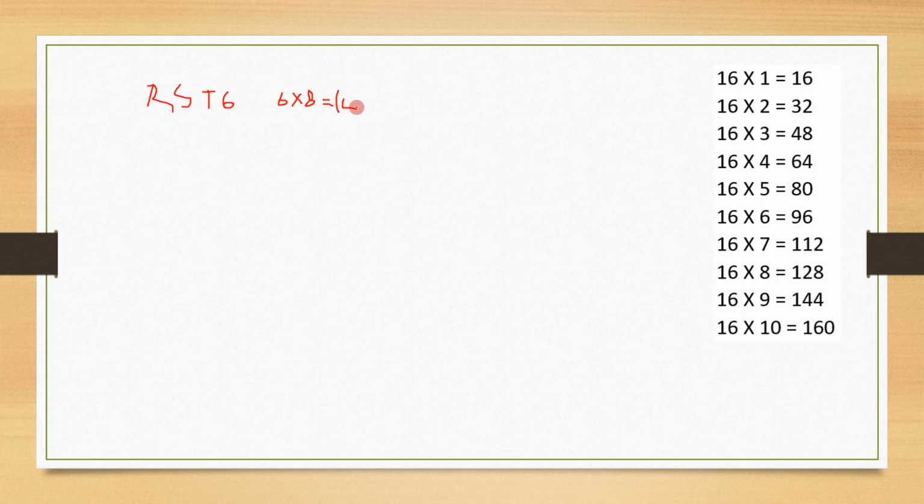So 48 is a decimal number. Now I'll have to convert this into hexadecimal. To convert this number into hexa, we will divide this 48 by 16.